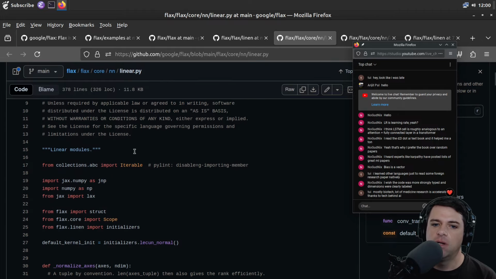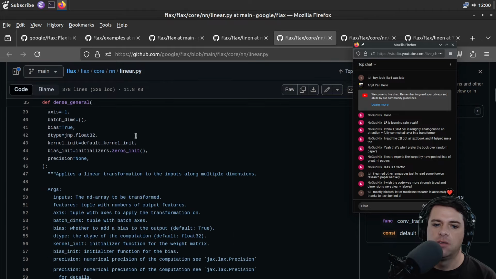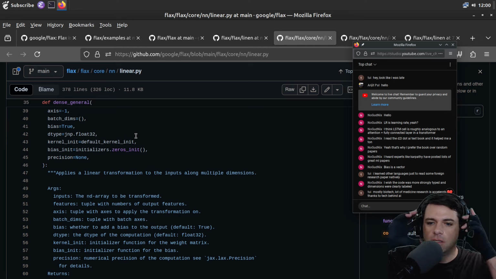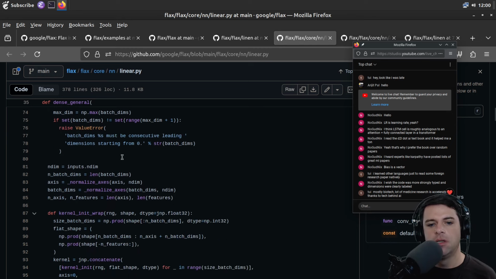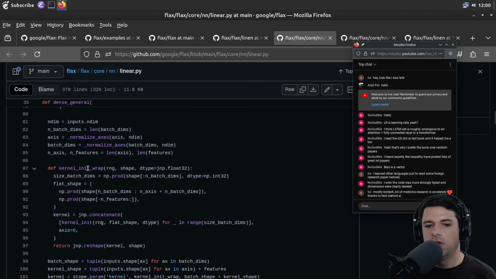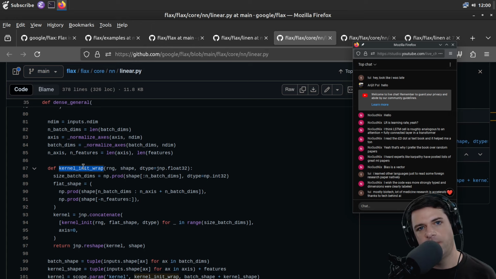Linear, I'm guessing, is what? Linear models. So are these just general linear models? You have kernel init. So kernel means all sorts of different things. It means the operating system kernel. It's clearly not that. There's a notion of kernel for some mathematical operations, like support vector machines have a kernel.